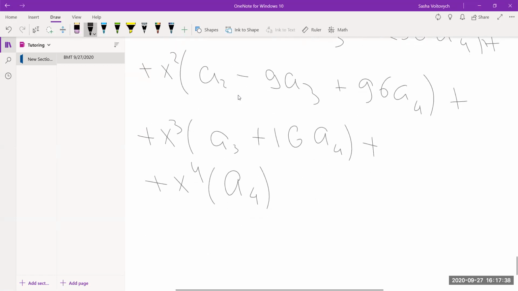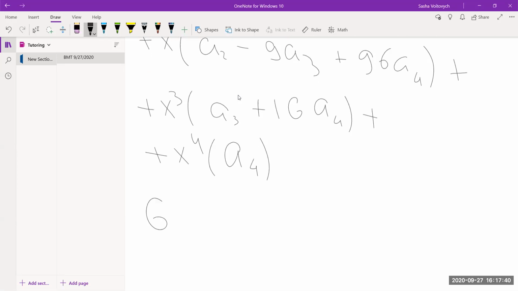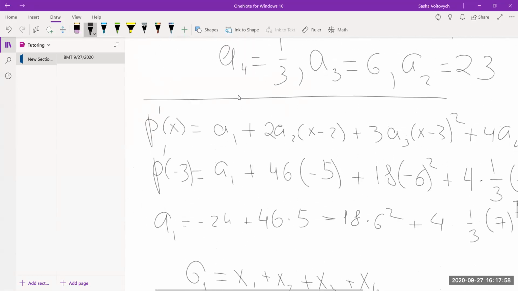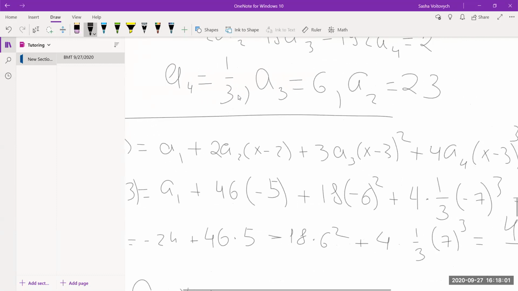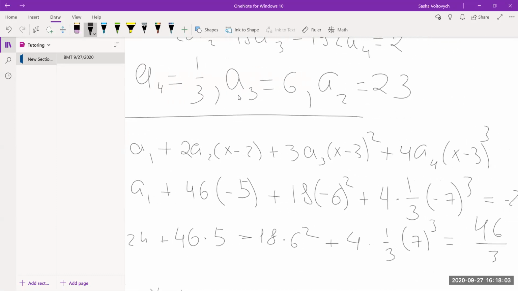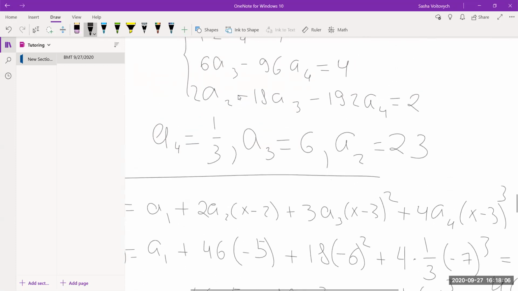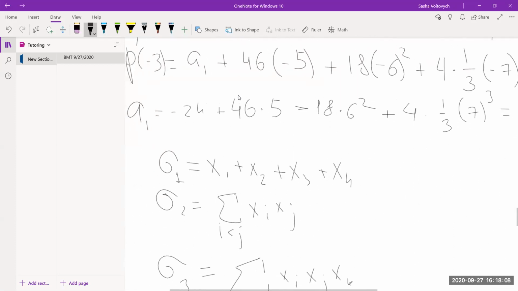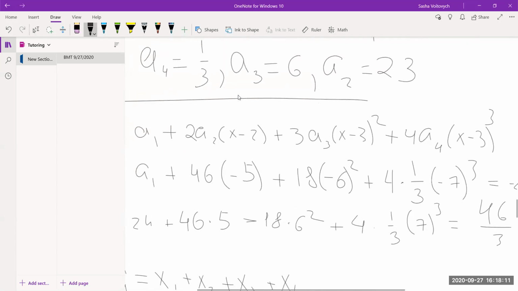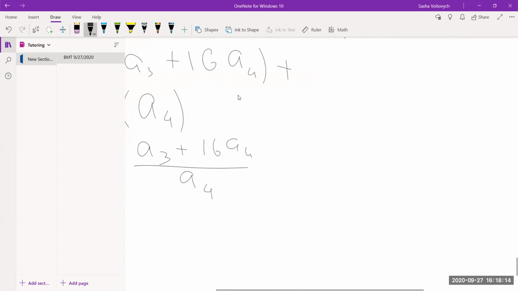All right, so then sigma 1 is going to be equal to A3 plus 16A4 divided by A4. So we already have the values for A1, A2, A3, and A4. So let's just rewrite them here.